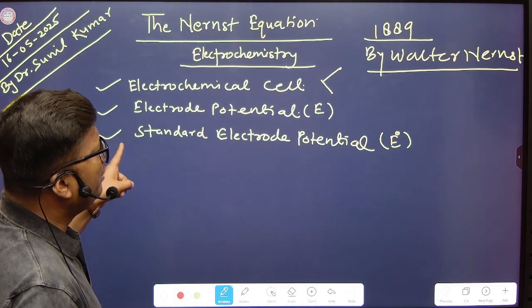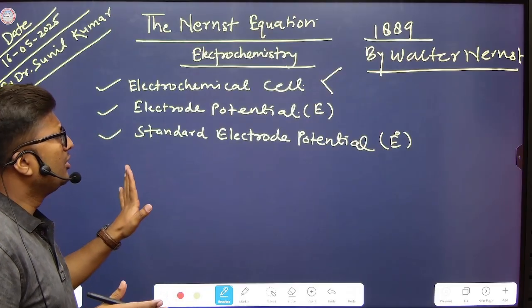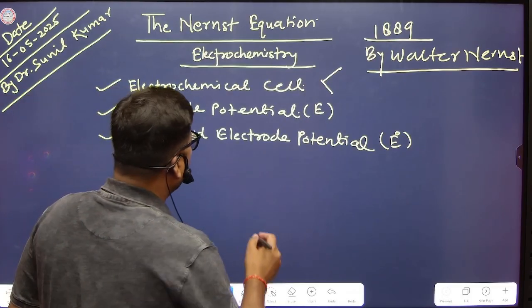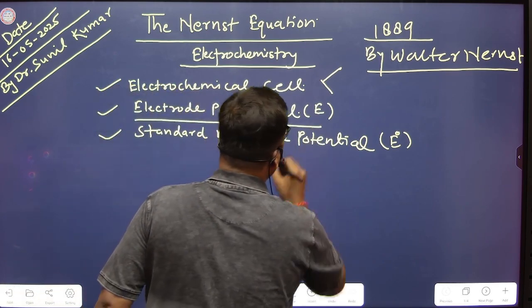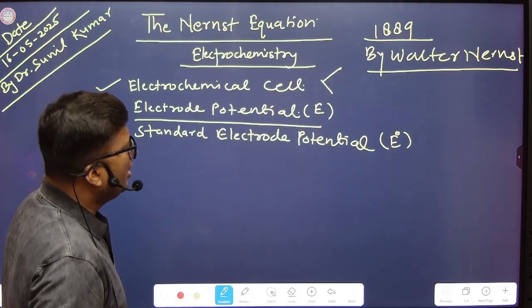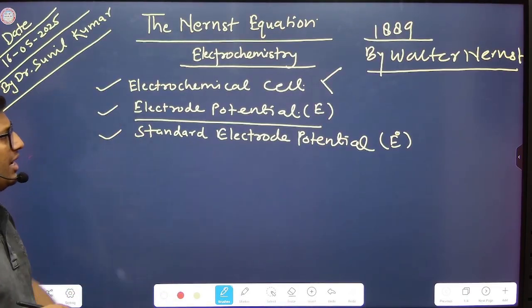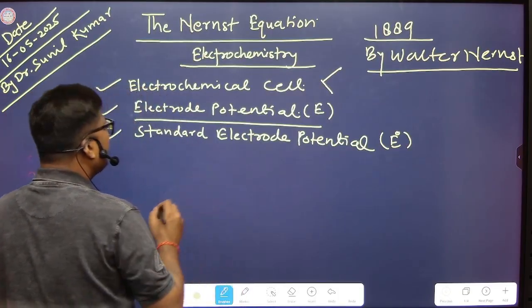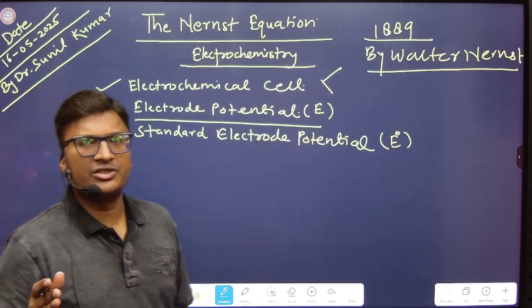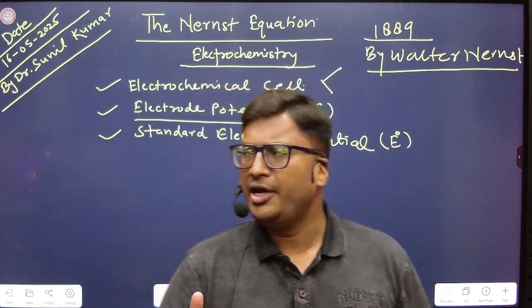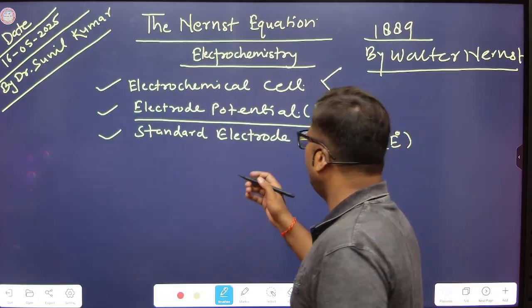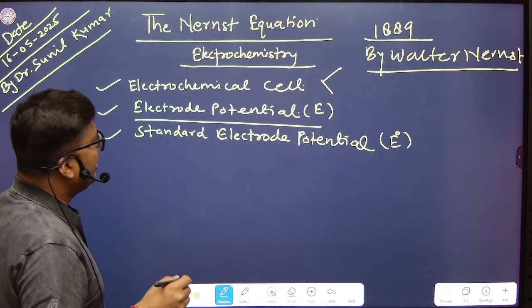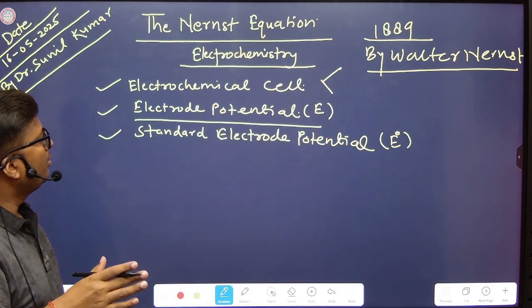So how will we derive the Nernst equation? First we understand what electrode potential is, which is abbreviated as E. As in the previous lectures you have studied about the electrochemical cell, each electrode gets a particular kind of potential.